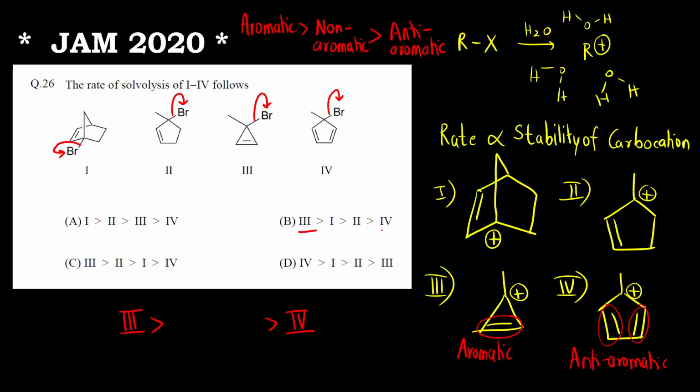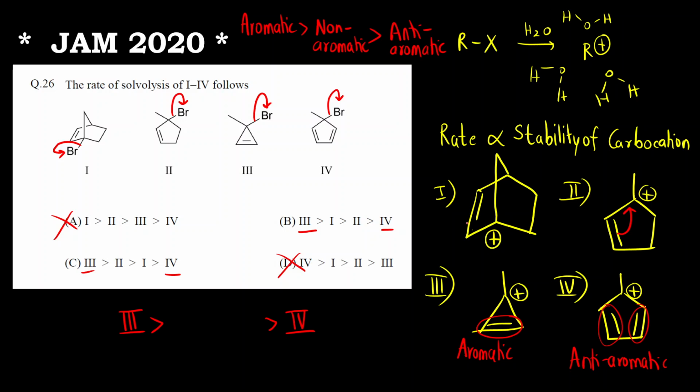So you can see there are only two options where this is the order. A and D are incorrect. In this way, you keep eliminating the options so that it becomes easier. Now, between 1 and 2, this one is going to be more stable because it is a tertiary allylic carbocation stabilized by resonance.